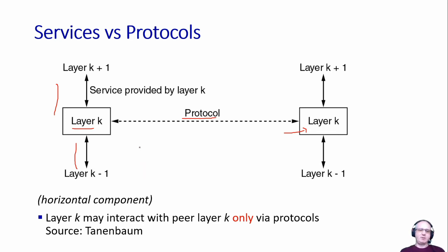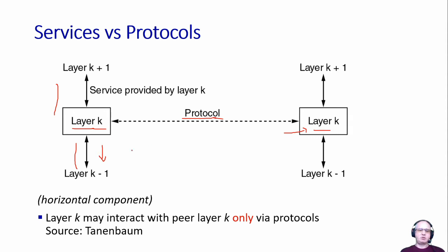Here I'm putting an illustration from a book by Tanenbaum that I added to this slide set to show this relationship. So in a system that uses strict layering, the two entities at layer K can communicate with each other and implement the protocol at this layer only through layer K minus 1.